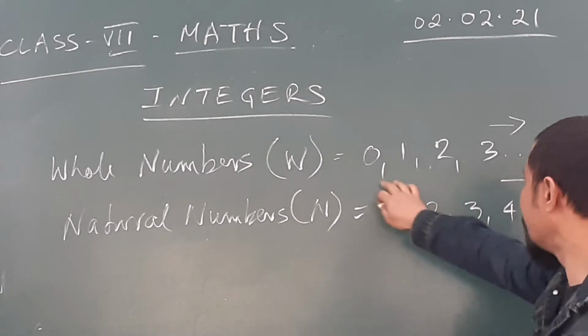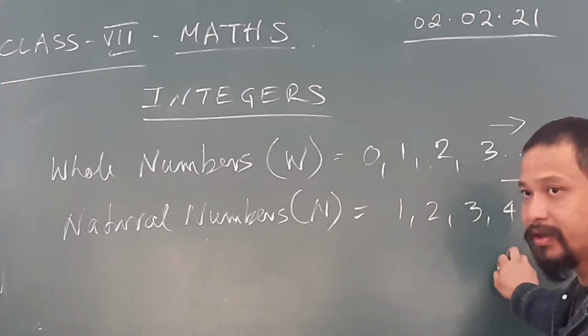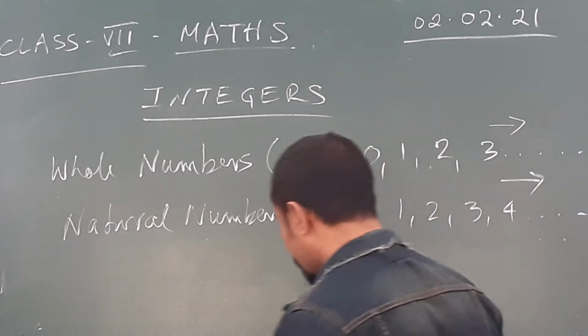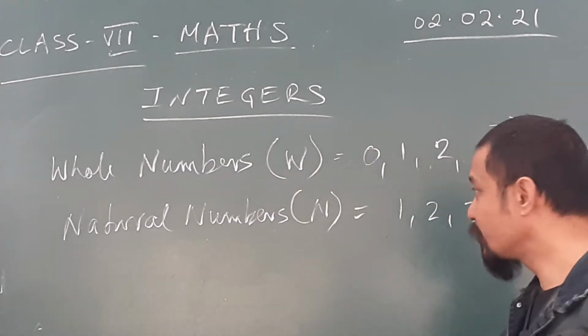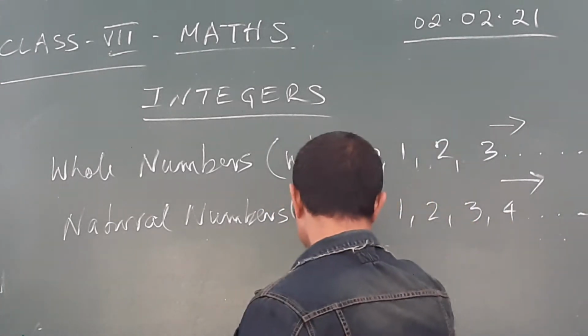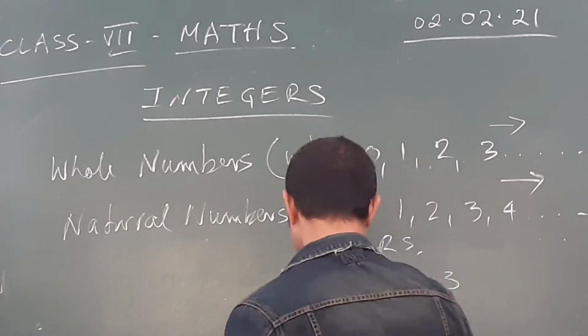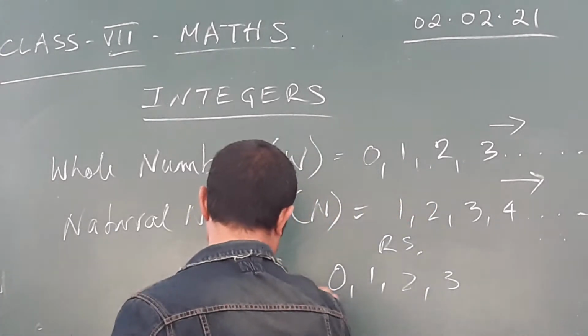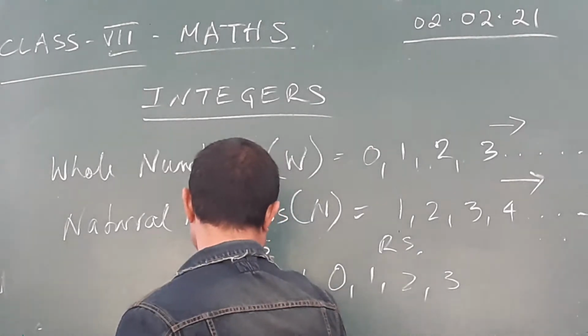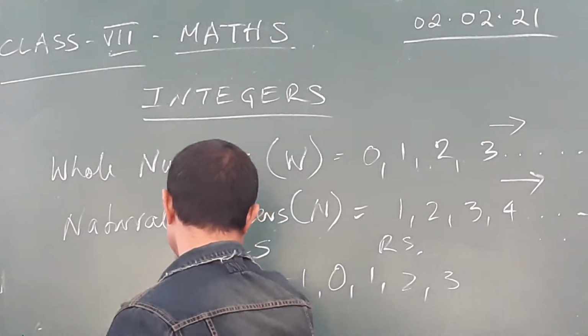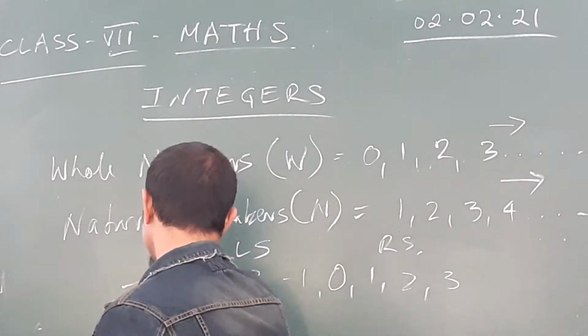Now, if you see 0, 1, 2, 3, these are numbers to the right of 0. But if you go towards the left side of the 0, there are numbers like -1, -2, -3.